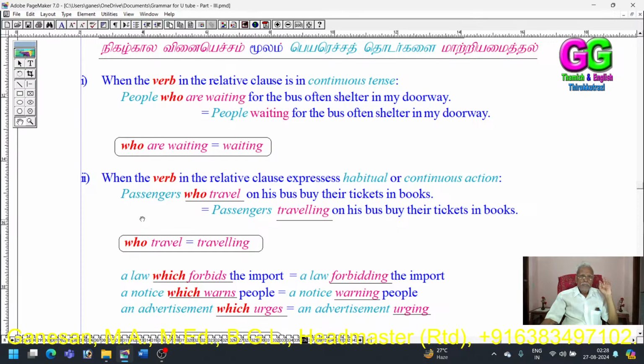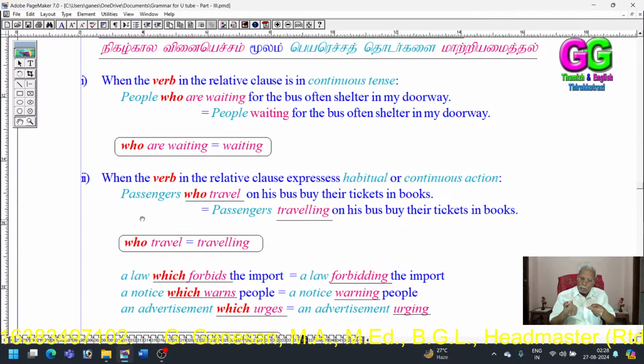Notice, what are the ways to form the present participle? If the tense is continuous, no problem. The main verb would be in the present participle, so no problem.